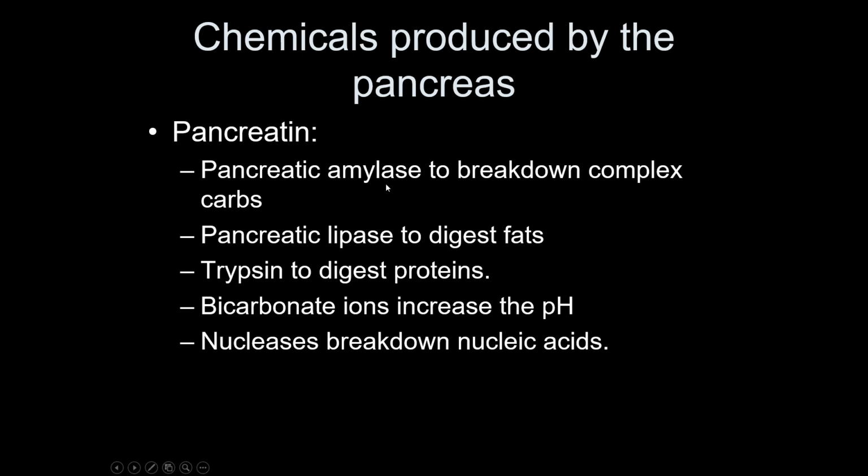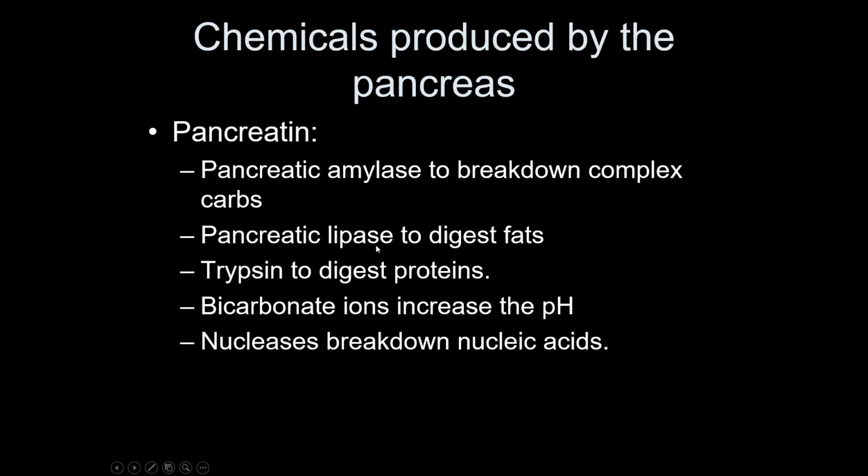Pancreatic amylase does the same thing salivary amylase does, but the salivary amylase that we produced up in the mouth, when it hit the stomach, you need to remember that enzymes are proteins. Pepsin is a protein digesting enzyme, so what that means is you digested your salivary amylase in the stomach, so now you need a new amylase so that you can continue digesting those carbohydrates. We make pancreatic lipase, so there was a little bit of salivary lipase, but it didn't work very well.